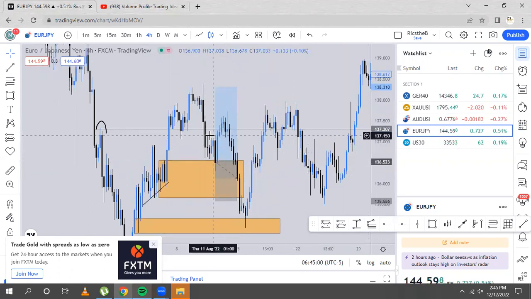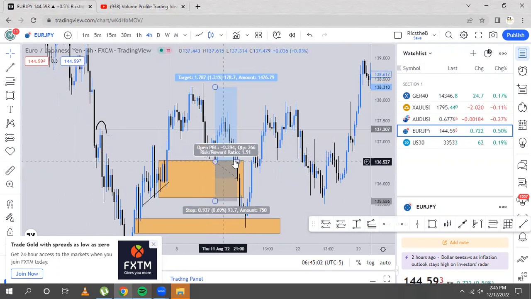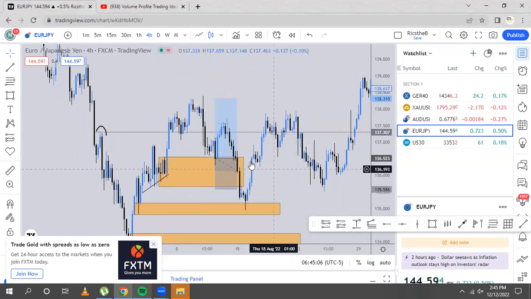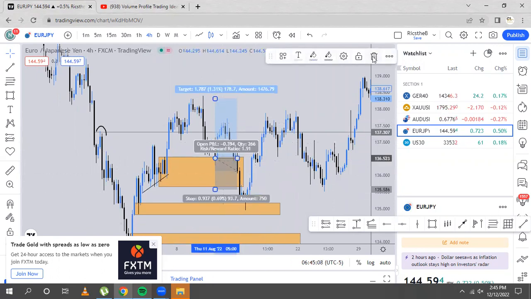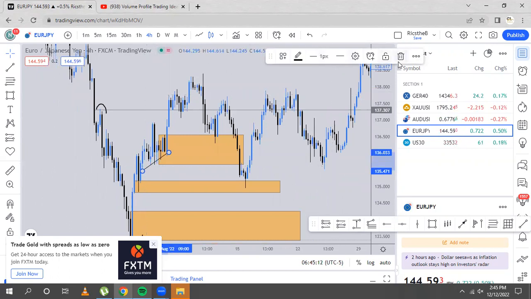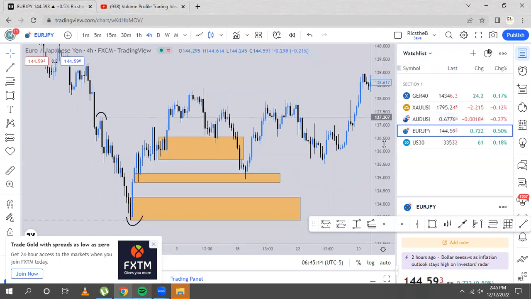You have this break of structure, then they position themselves even more with final entries, and boom, we get wicked out. Why? Because there was presence of liquidity in this area. So anytime we see presence of liquidity, it's very important for us to identify the zones which are way below the demand and supply zones.